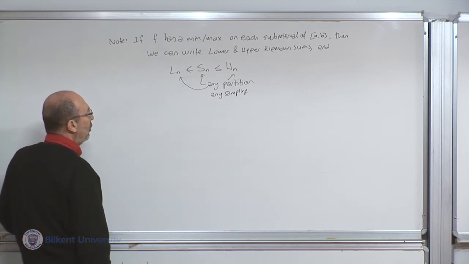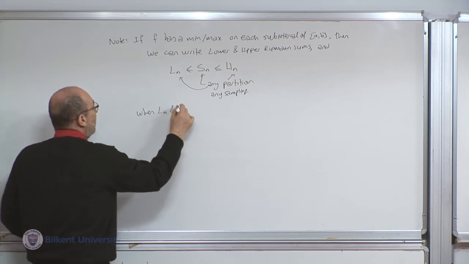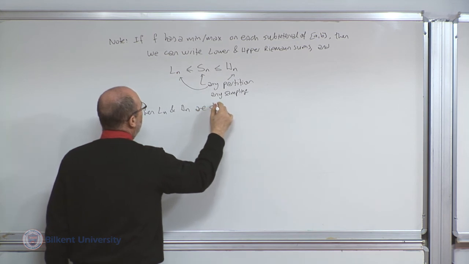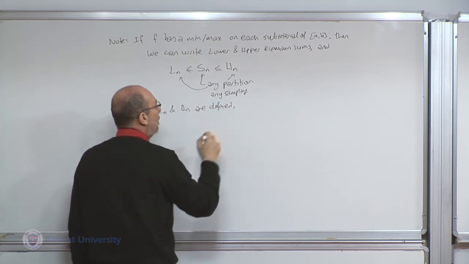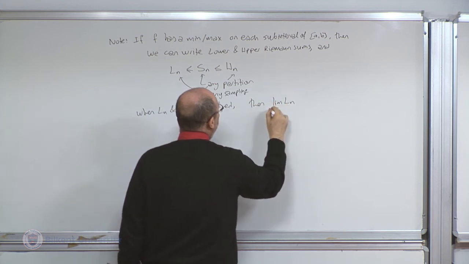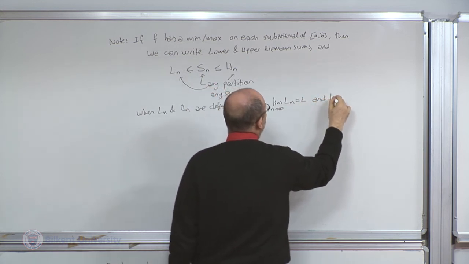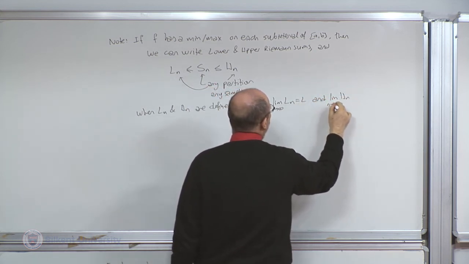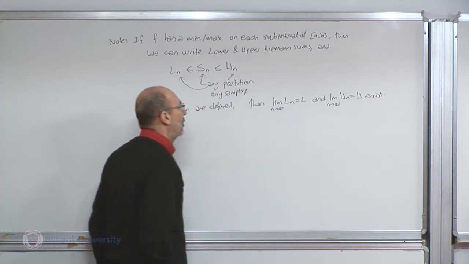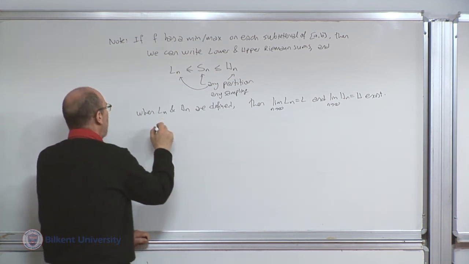Now, I will not go into this, but when lower and upper Riemann sums are defined, they definitely have limits. Then the limit of Ln as n goes to infinity equals L, and the limit of Un as n goes to infinity equals U, both exist.